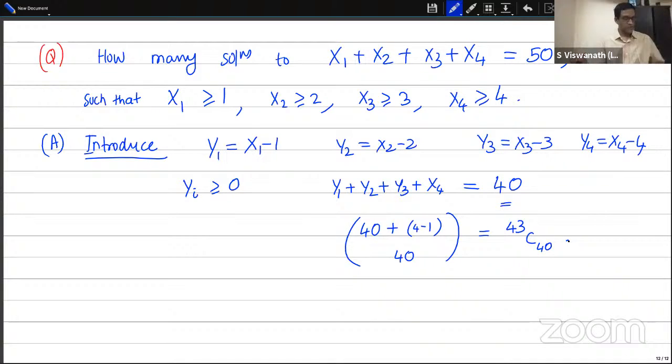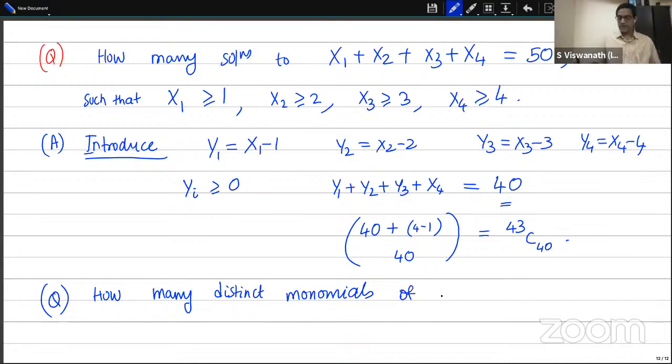So now let's see what else one can do with this. Another, maybe one last equivalent version of this, is again in terms of monomials. So here's a question: how many distinct monomials of degree d are there in n variables?